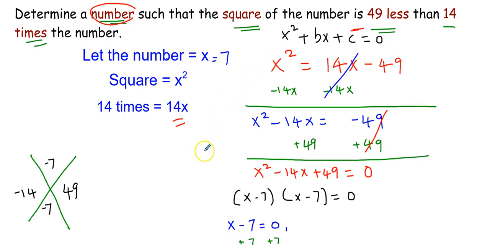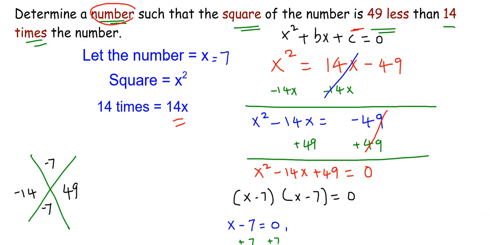The main purpose of doing this problem is for us to understand how to convert the given statement into a mathematical statement, and thereby a mathematical equation, and from that equation we rewrote it into the standard form of a quadratic equation and solved it, right?